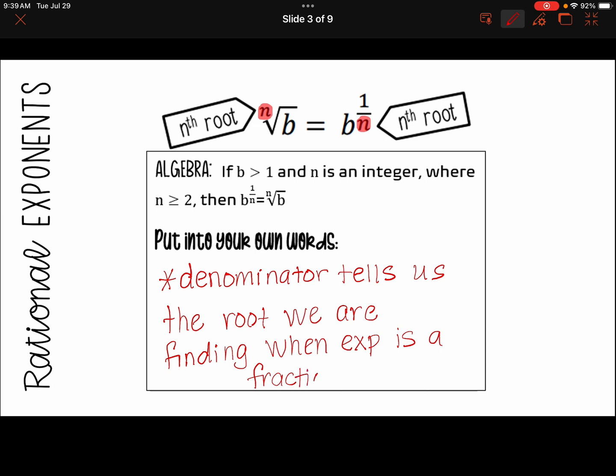At the beginning of this unit, we looked at finding roots, like the square root and the cube root. So we're still going to be doing that. It's just going to be written a different way than what we're used to.